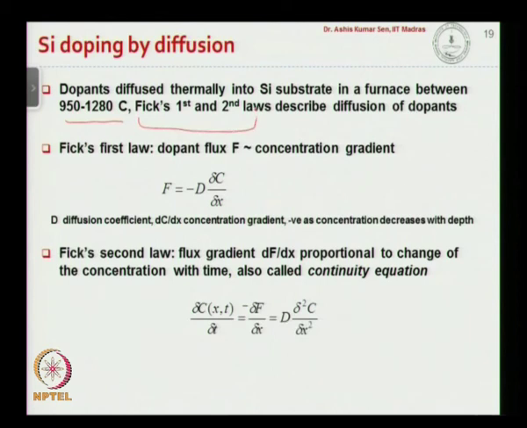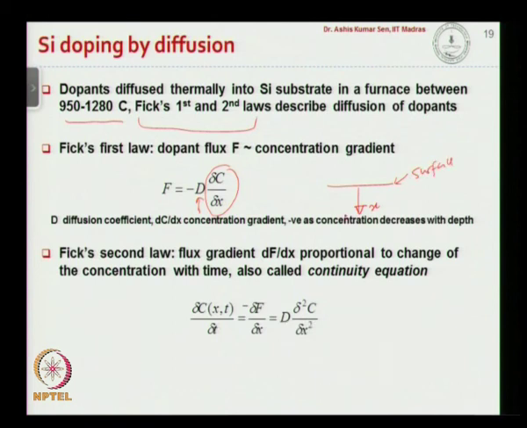And if you look at Fick's first law, it says that the dopant flux is proportional to the concentration gradient. Okay. So F is negative D, where D is the diffusion coefficient, times del C over del X, the concentration gradient. Here X is into the substrate. Okay. So this is the surface, and X is into the substrate.